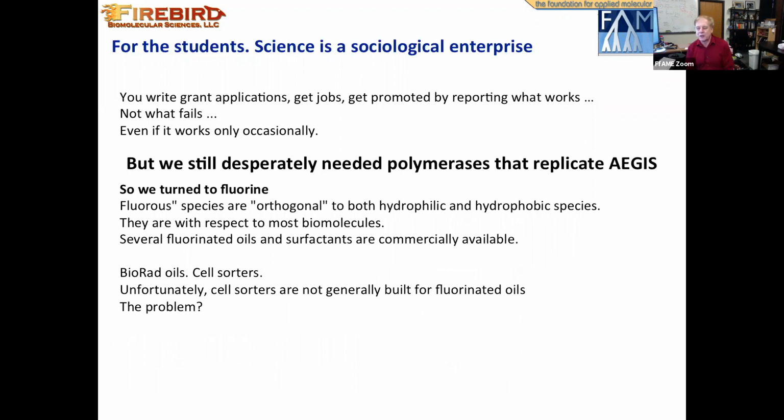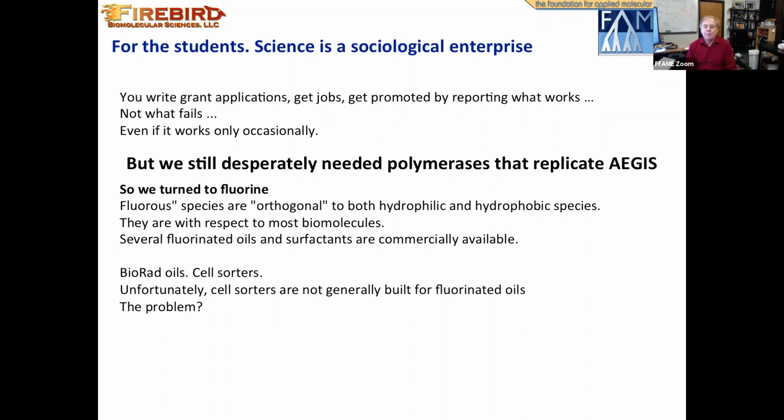All the professors now have to turn off, speak directly to the students. You write grant applications, get jobs, get promoted by reporting what works, not by what fails, even if it only works occasionally. Okay, so now the professors can come back, now that the student knows that everything we've been teaching you about science as an intellectual enterprise is all a bunch of hokum.